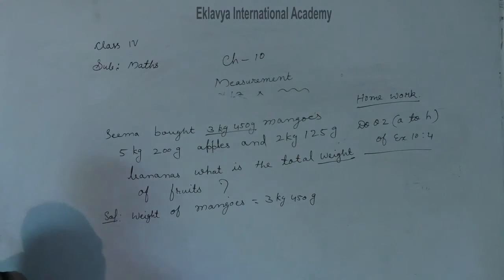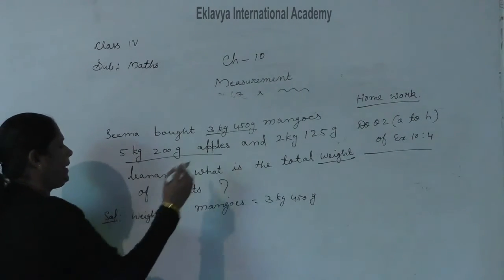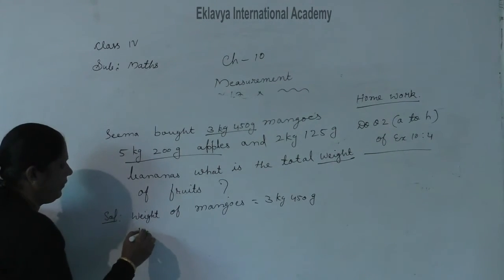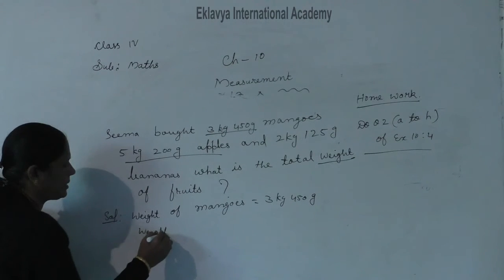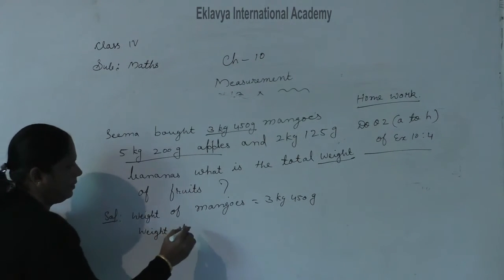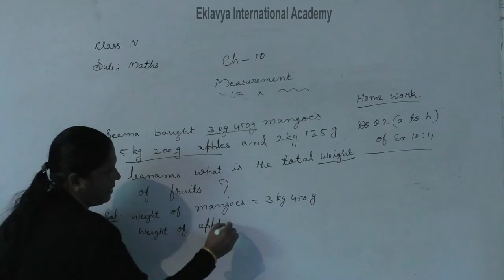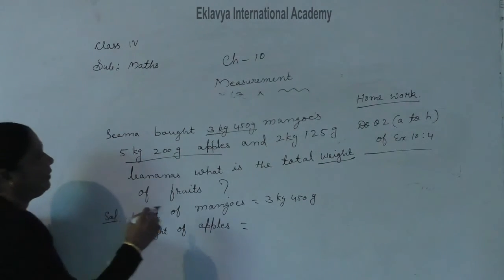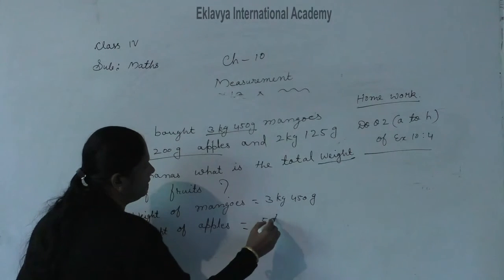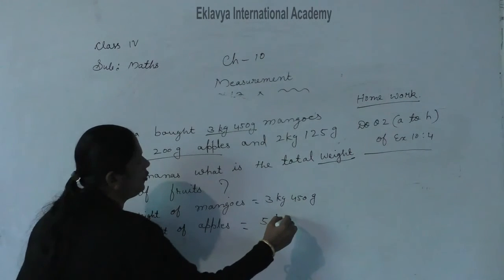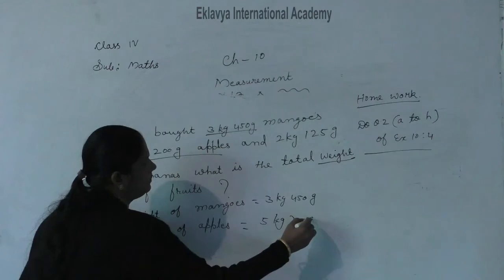Second line, weight of apples is equal to 5 kg 200 gram.